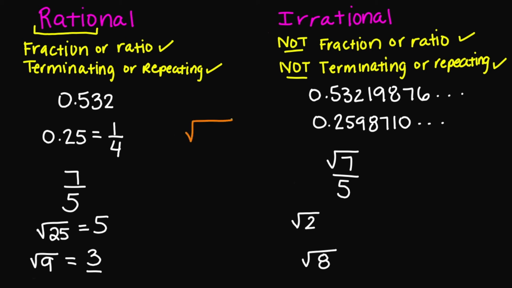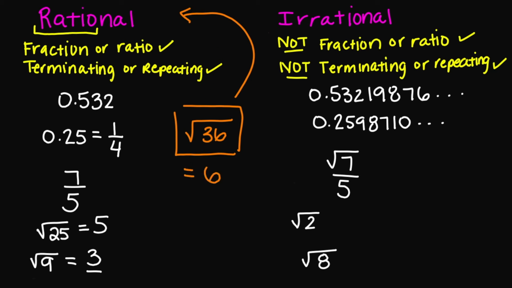What about the square root of 36? Is the square root of 36 rational or irrational? The square root of 36 is rational because the square root of 36 is going to give you 6. The square root of 36 is a perfect square, just like the square root of 25 and the square root of 9.